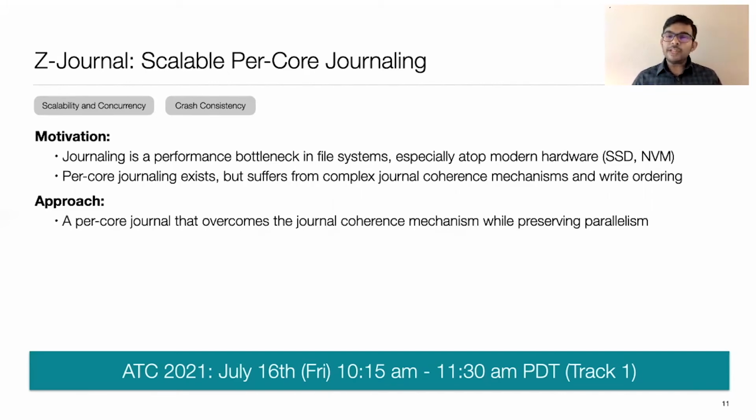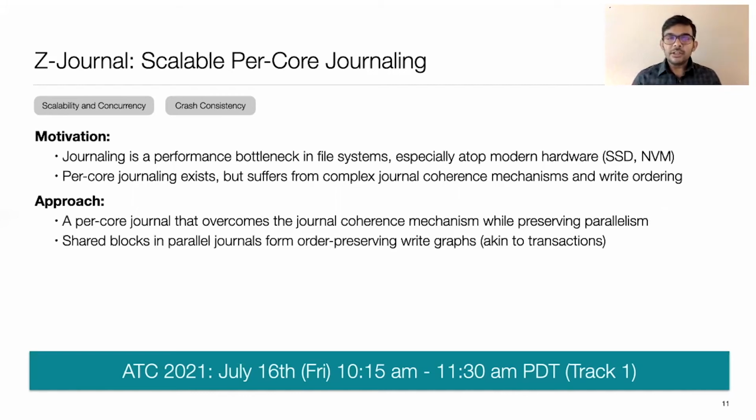The approach of Z-journal is to still have per core journaling, but overcome the journal coherence mechanisms via smarter techniques. So Z-journal introduces an order preserving write graph, essentially a directed graph that has the ordering captured by having nodes and edges with a direction associated with the time at which the writes had occurred.